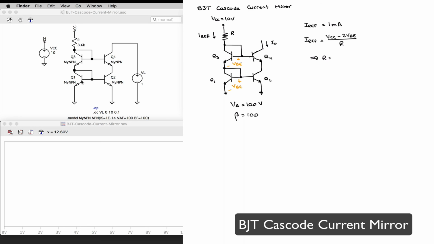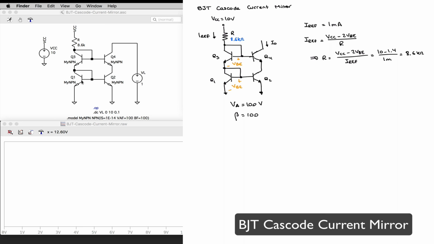Therefore, R is going to be equal to VCC minus 2 VBE divided by Iref, or 10 minus 1.4 volts divided by 1 milliamp, 8.6 kilo ohms again.